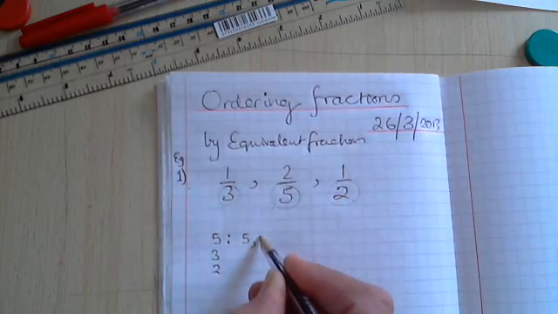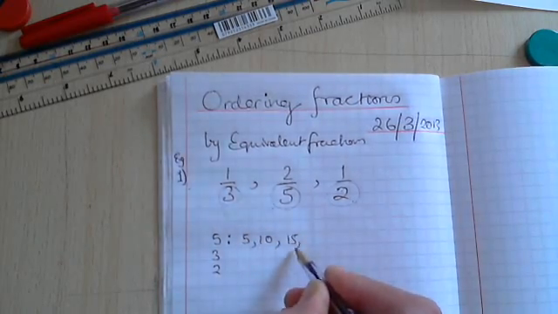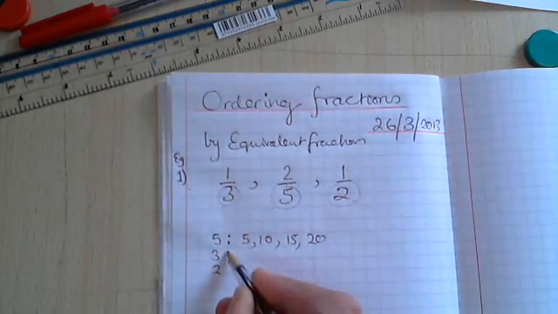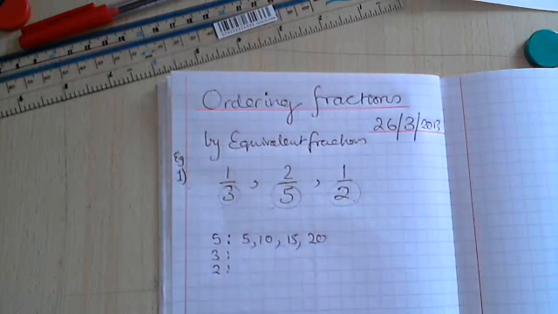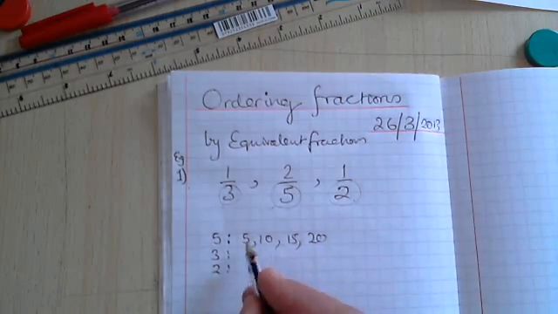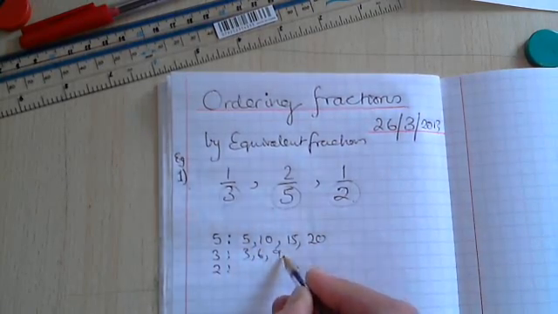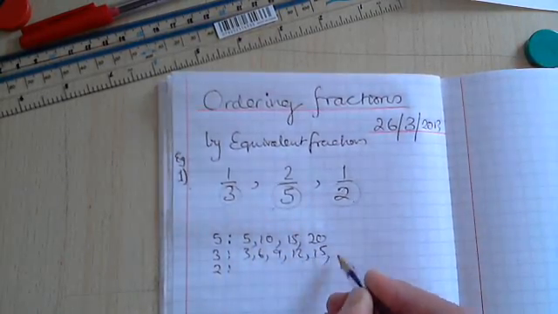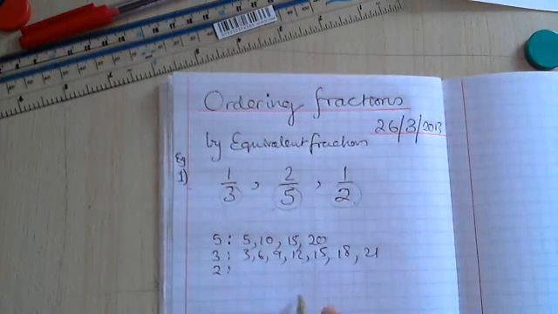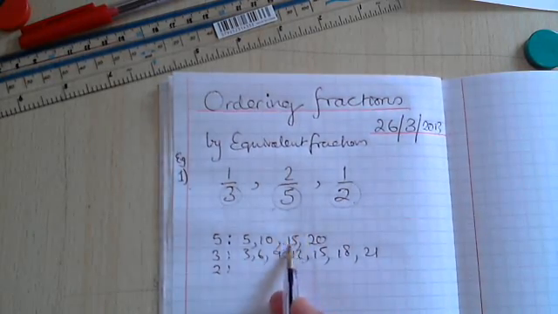So we have 5, 10, 15, 20, for example. Okay, now the multiples of 3, what do we have for the multiples of 3? We have 3, 6, 9, 12, 15, 18, 21. Okay, so far the 15s are matched up.